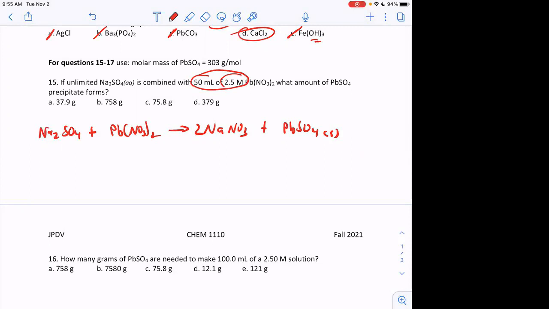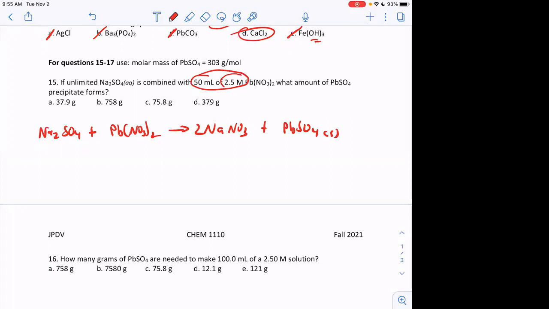Doesn't matter how much sodium sulfate's there, because we've got unlimited. So just figure out how much lead you have, and the molar relationship between lead and lead sulfate is 1:1. So whatever amount of lead you have, that's the same molar amount of lead sulfate.